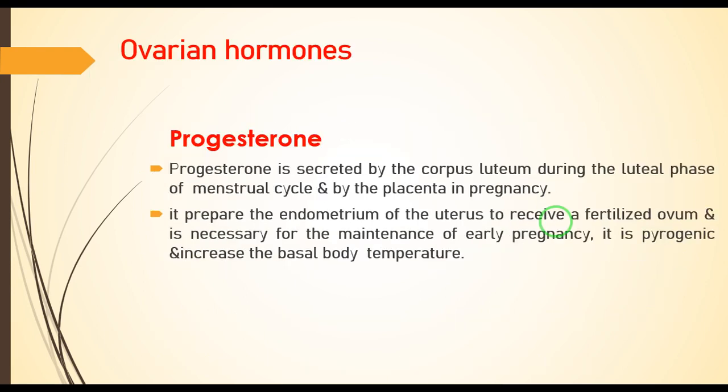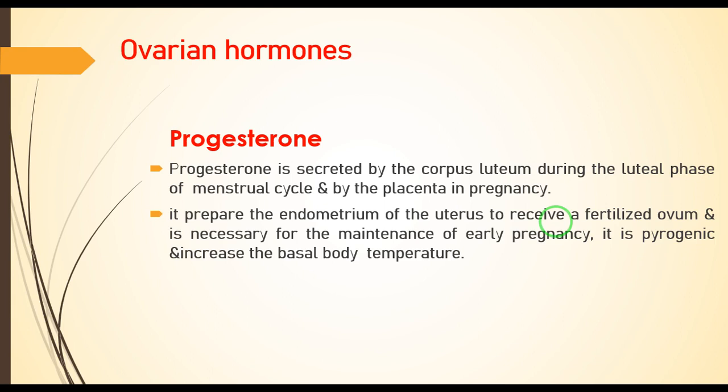Progesterone is another ovarian hormone. It is a steroid hormone, and it has two sites of secretion. If the patient is pregnant, it will be secreted from the placenta, but in a non-pregnant female, it is secreted from the corpus luteum, and usually the concentration and secretion occur during the second half of the cycle, which is called the luteal phase.